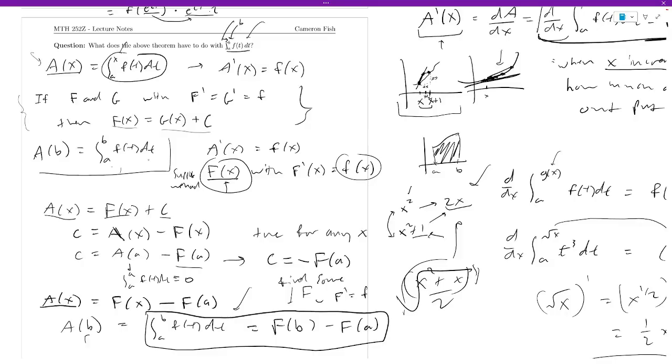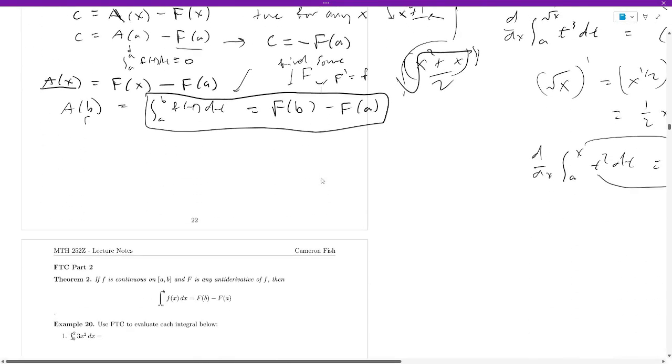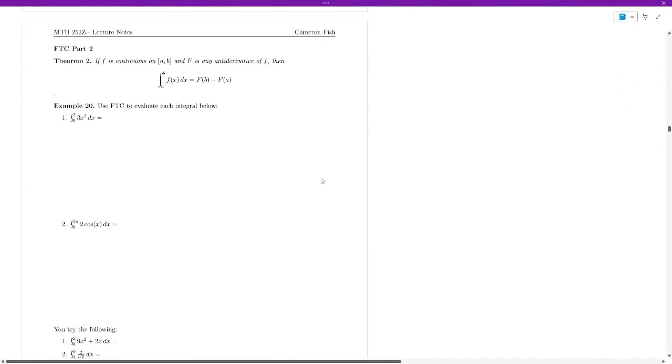Find some antiderivative and plug in a and b. That's all I have to do. So that's really cool. Let's see an example right away. This is kind of a nice statement.